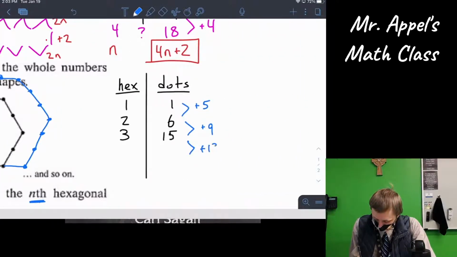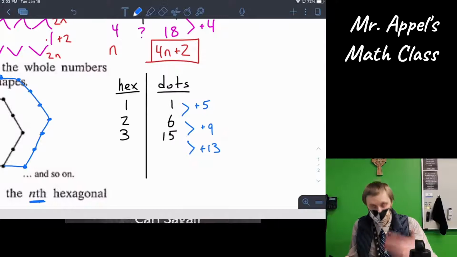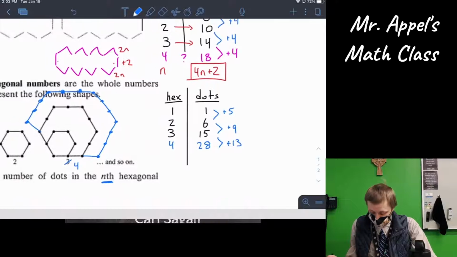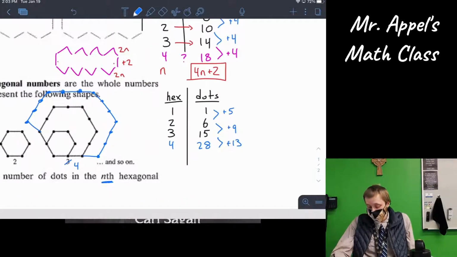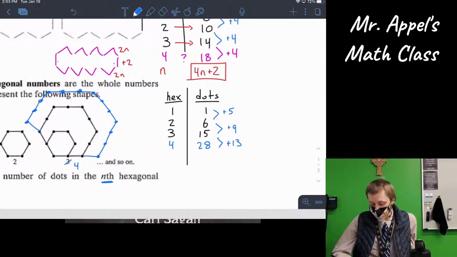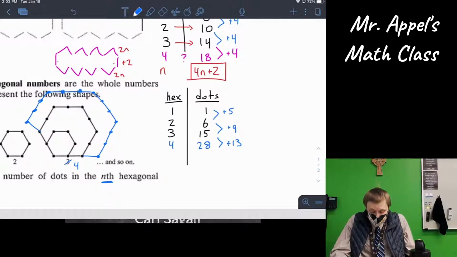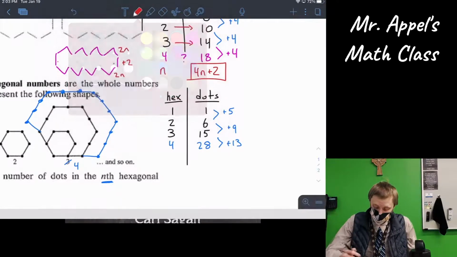Plus 13. And since we're looking for the total, we have to keep track of that too. It'll be 28 for the 4th hex. 28 dots. We added 13 more. Well, that's something. 5 to 9 to 13. What's the pattern there?